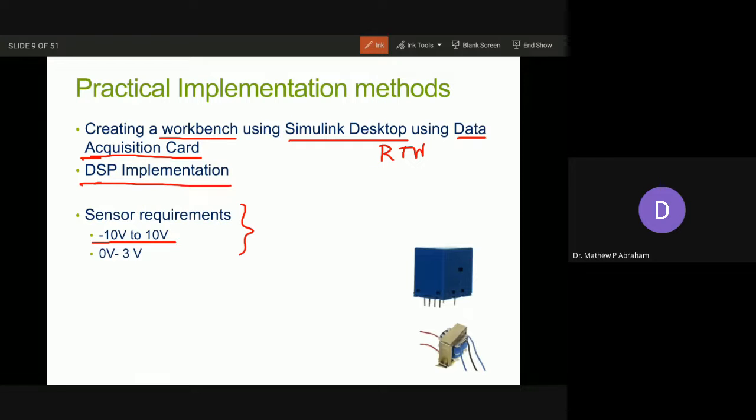But if you are going for a DSP implementation, the voltage levels are fixed. I mean, very limited. It has capabilities of 0 to 3 or 3.3 volts. Or in certain cases, we can have 0 to 5 volts also.